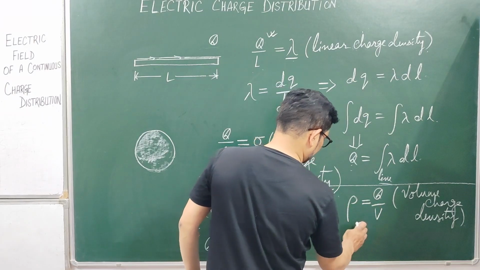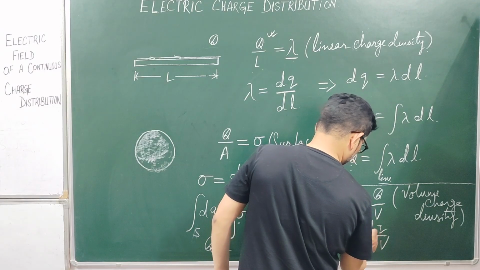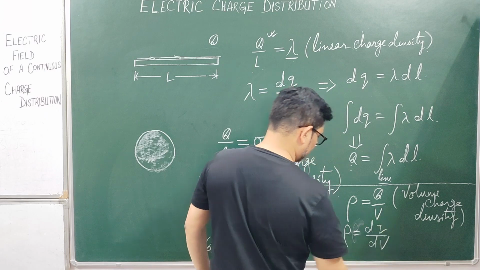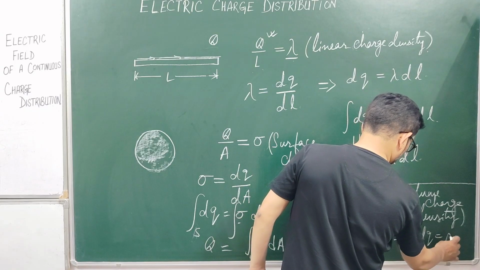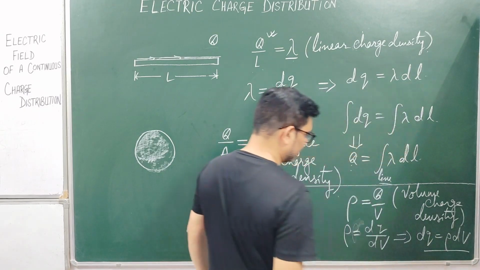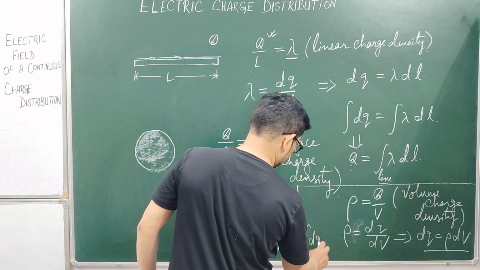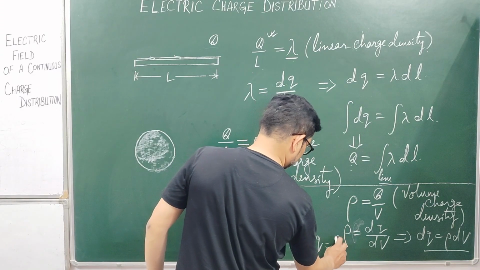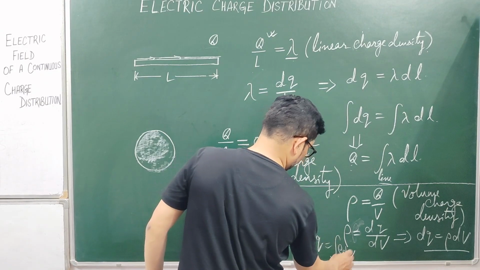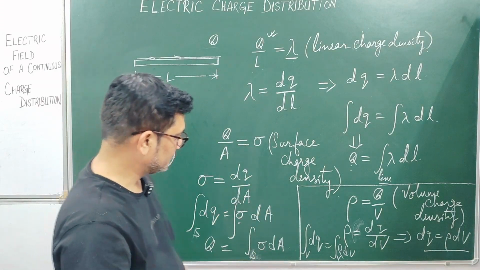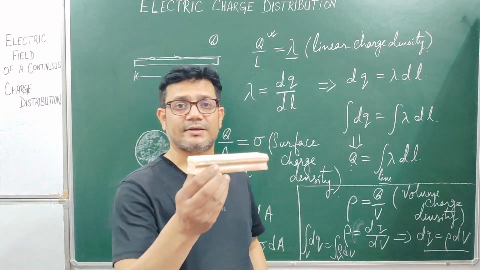In differential form, we have rho equals dq over dV, and from here dq is equal to rho dV. When we integrate dq over the volume, we get the integral of rho dV on the other side. So the net charge that you get when you integrate over the volume is the net charge in the volumetric object like this.